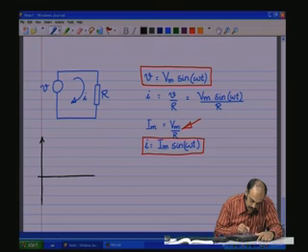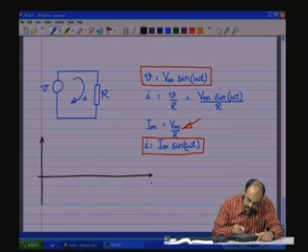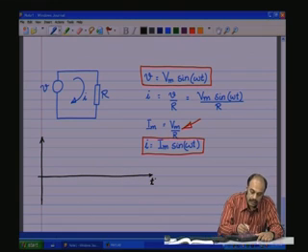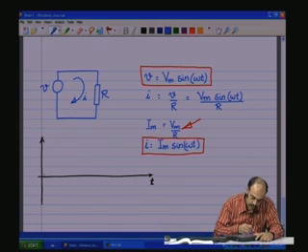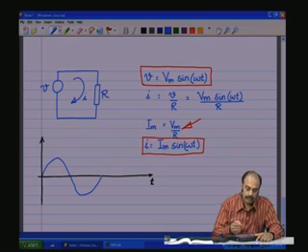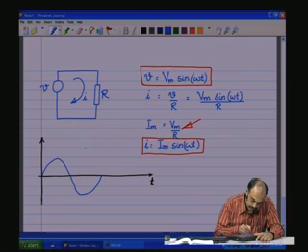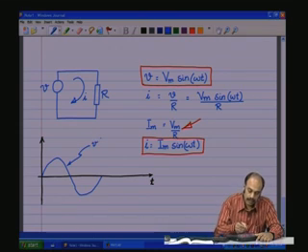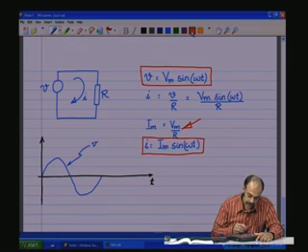So, we have the time axis. Let me take the blue waveform for the voltage. So, we have the voltage waveform which is like that. This is V, and let me take the red waveform for the current.